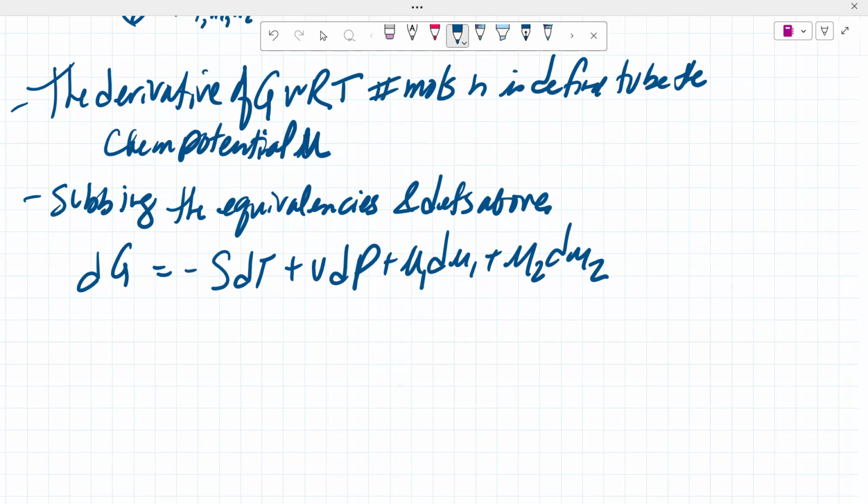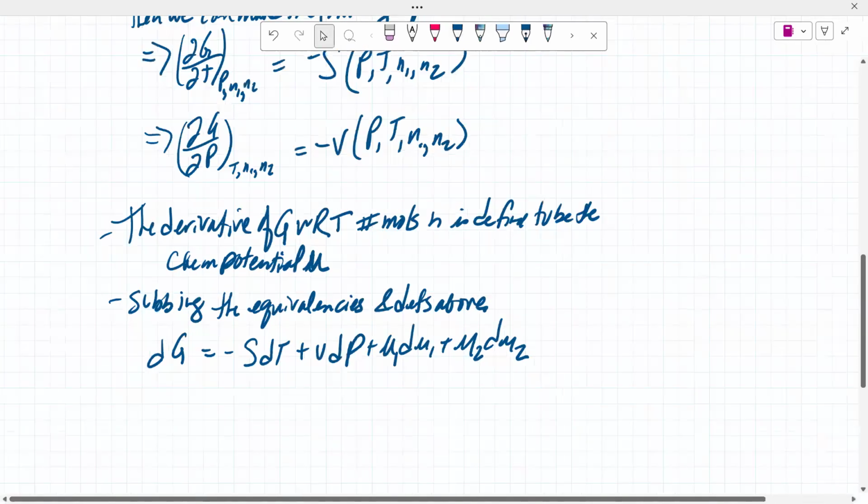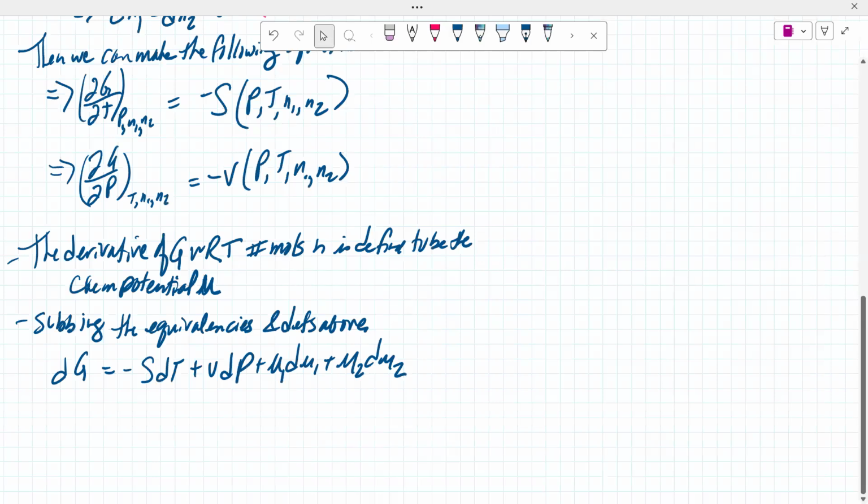Now some of these pieces came from the things we just wrote up here. That's why we were interested in getting these.